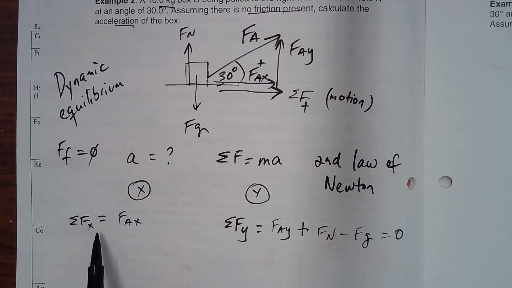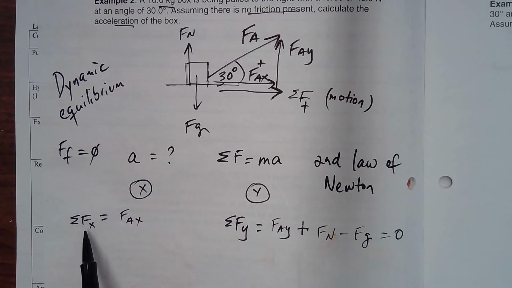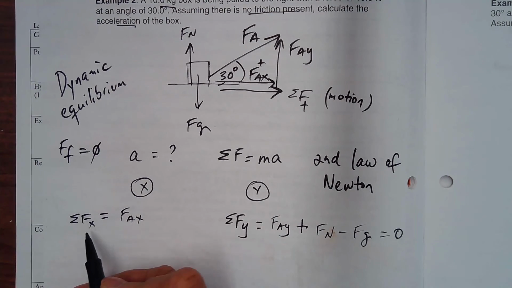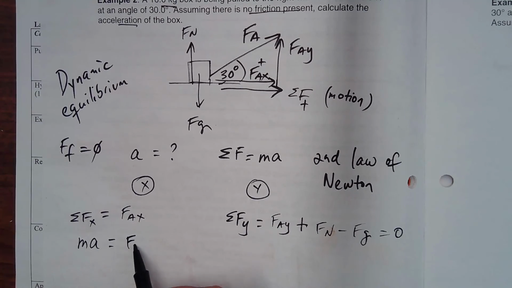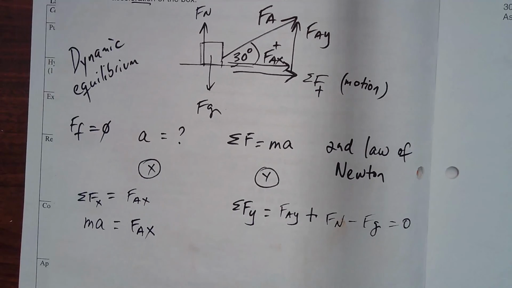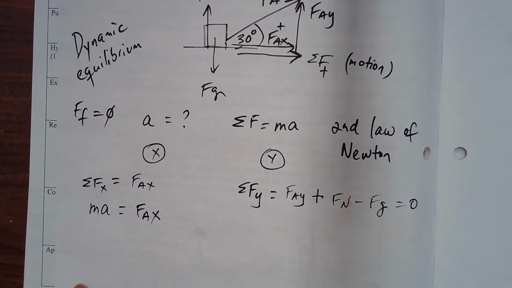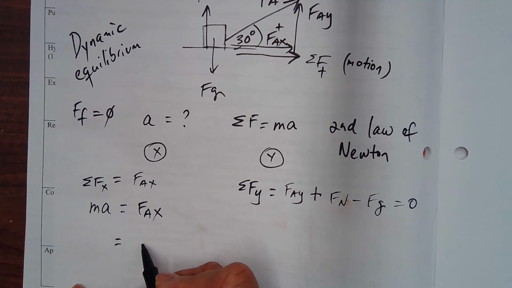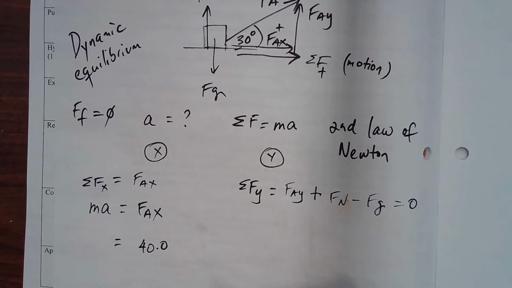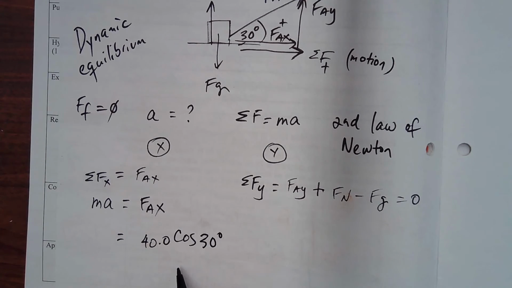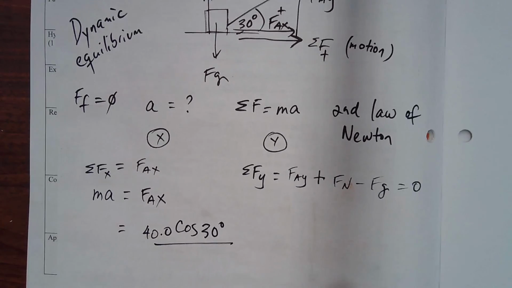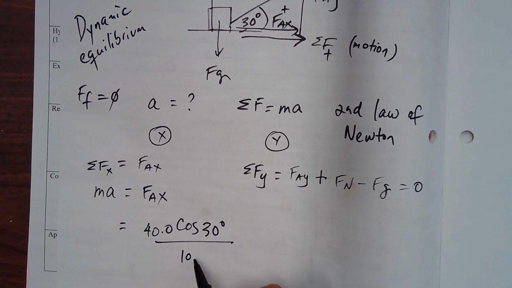So if we're looking for the net force, which is the acceleration, net force is m times a, that is just FAX, isn't it? And how do you find FAX? The applied force is 40 newtons, cosine of 30, divided by the mass of 10.